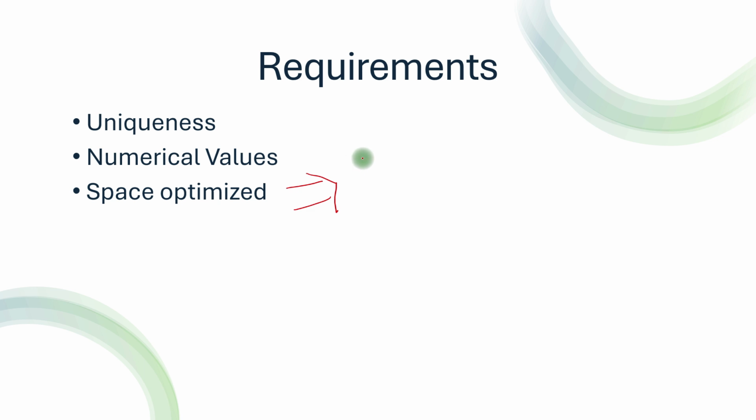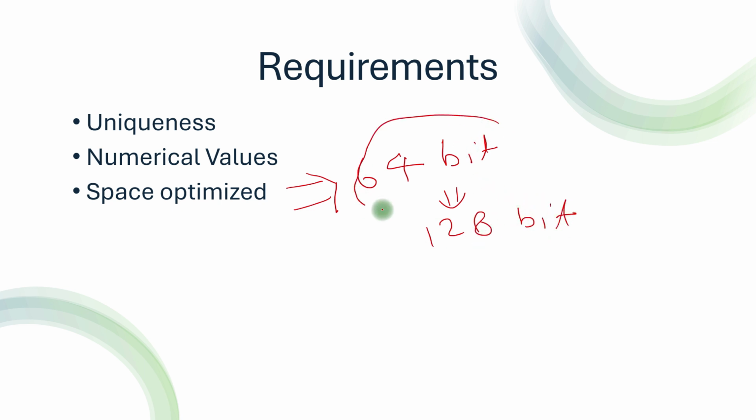So if my unique ID generation requirement can be fulfilled in 64 bits, I will not go for 128 bits. Whatever fewer bits we can have, we will go for that. That is what space optimized means. Time ordered: I want all the IDs that are being generated to be ordered by time.